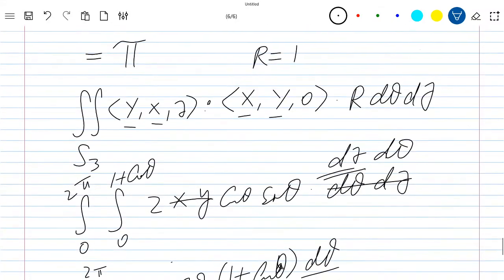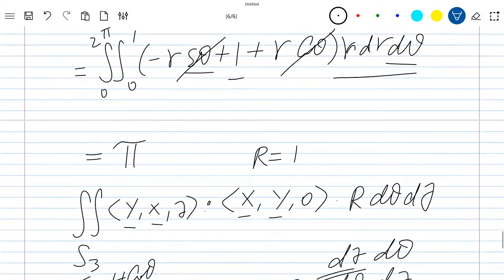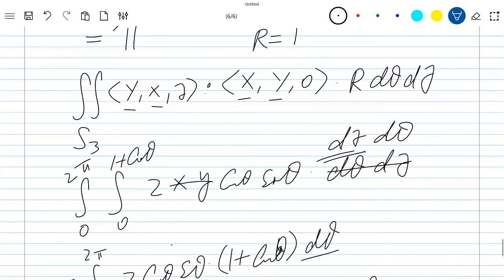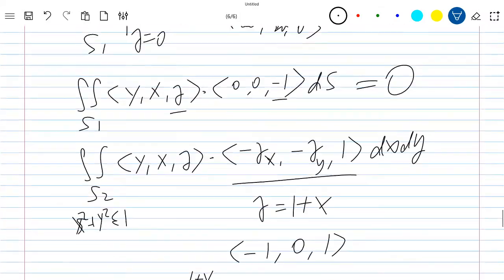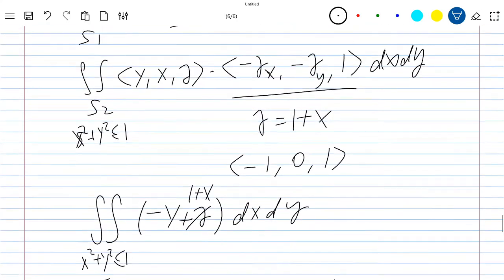So the integral is 0. Does that make sense? Yeah, it makes sense. Because we integrate xy over this region, and it's a symmetric region.